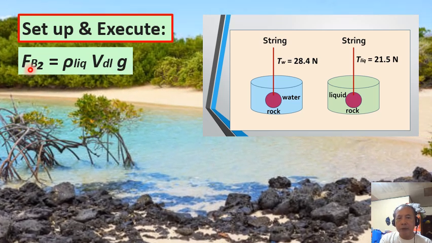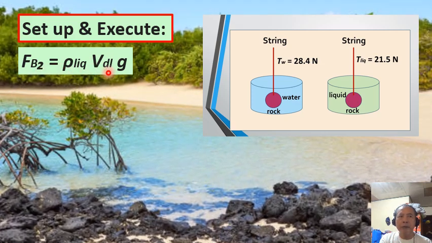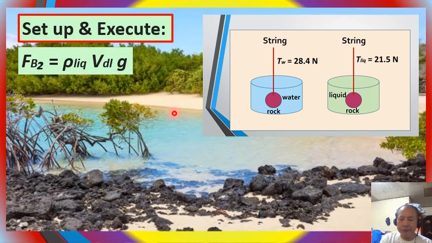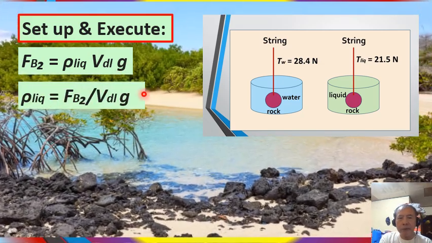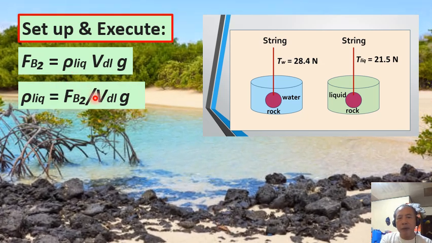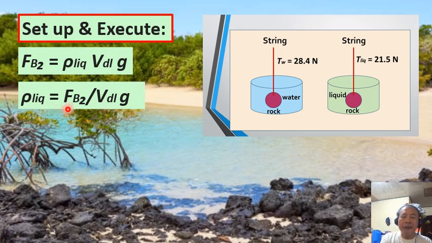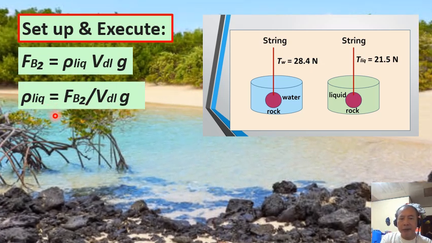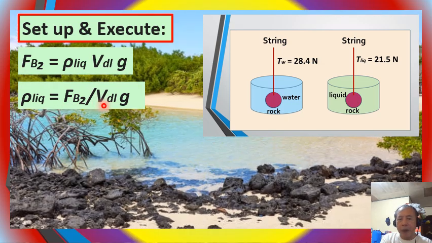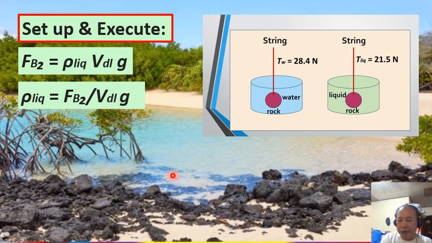And that is F sub B2 equal to the density of the liquid multiplied by the volume of the liquid displaced and acceleration due to gravity. Since what we want is the density of the liquid, we just isolate and come up with this formula for finding the density of the liquid. That is equal to the buoyant force F sub B2 divided by the product of the volume of the displaced liquid and acceleration due to gravity.